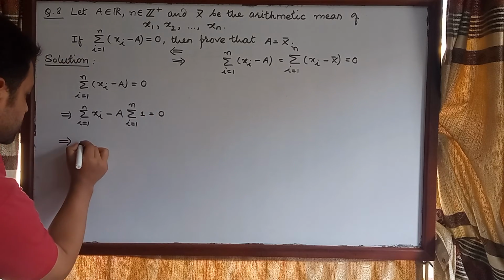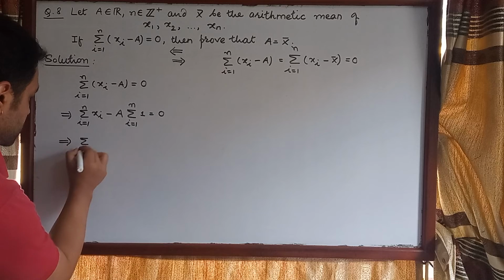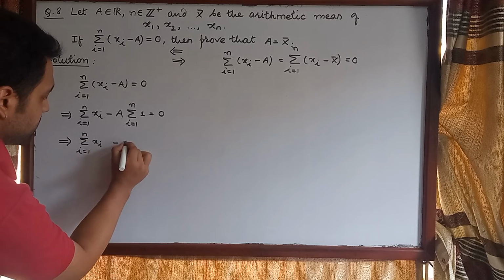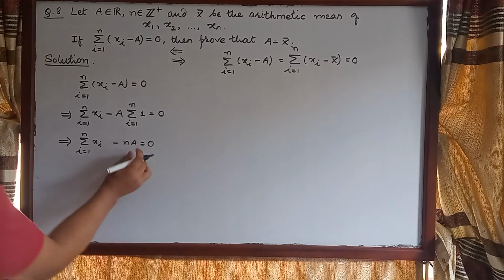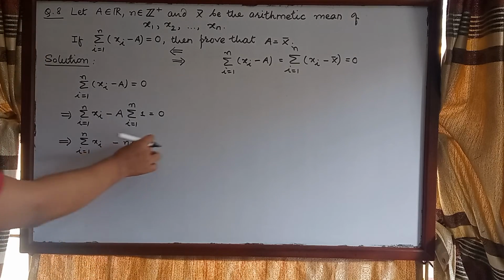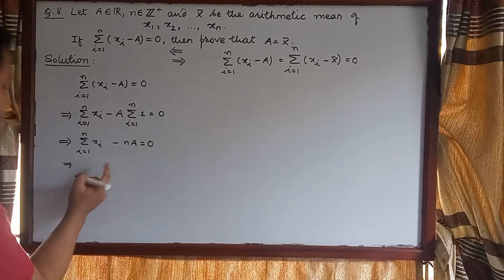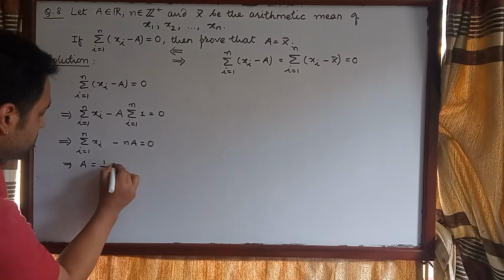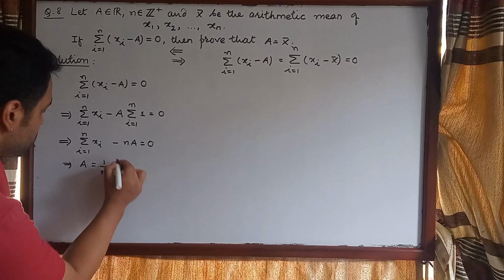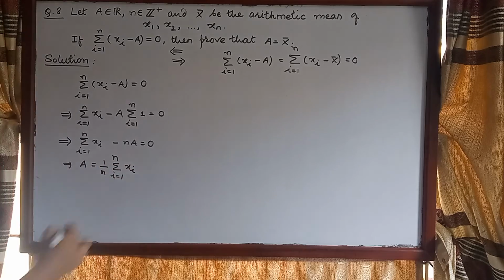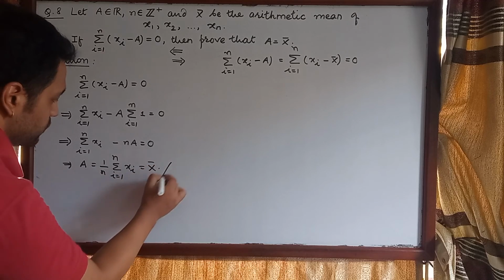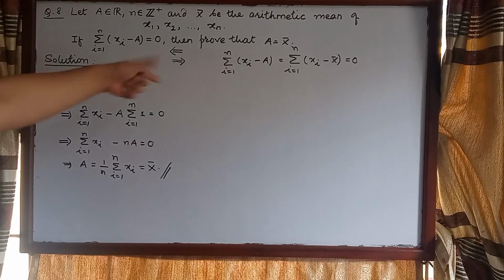This means summation i equals 1 to n of xi minus na is equal to 0. We take na to this side and divide both sides by n to get a is equal to 1 over n summation i equals 1 to n of xi, which means a is equal to x bar, which is what we were supposed to prove.